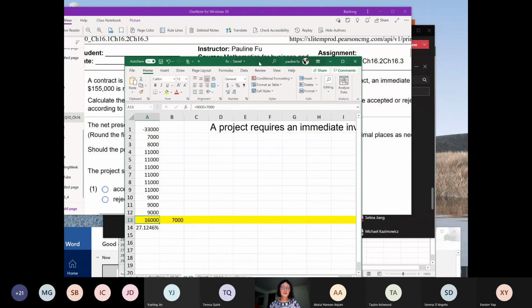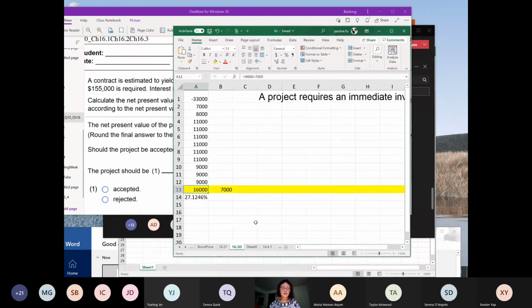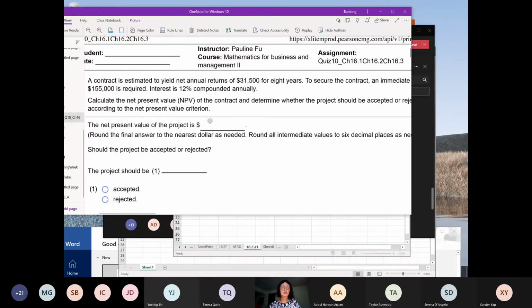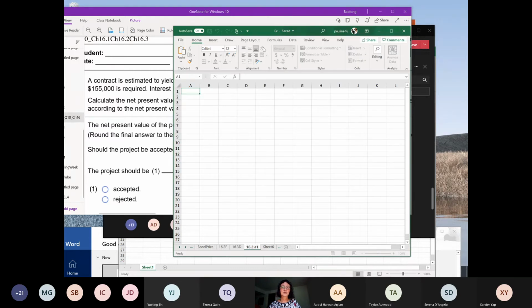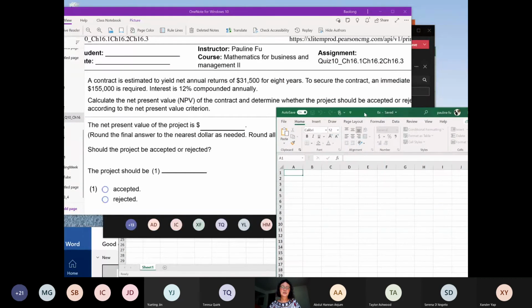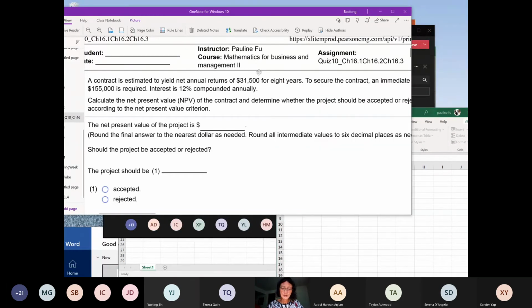Okay, let's do this one. Okay, just try to copy this.